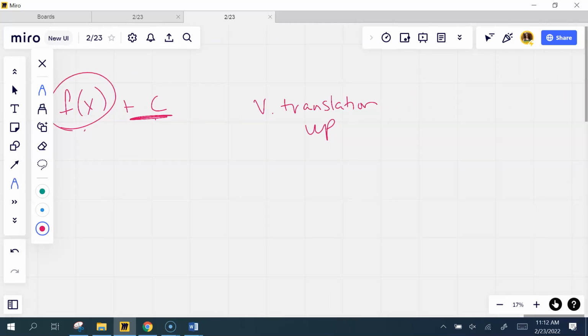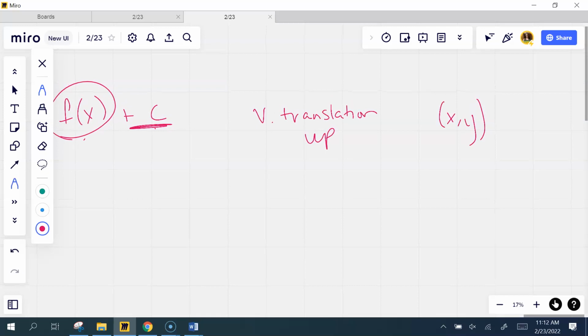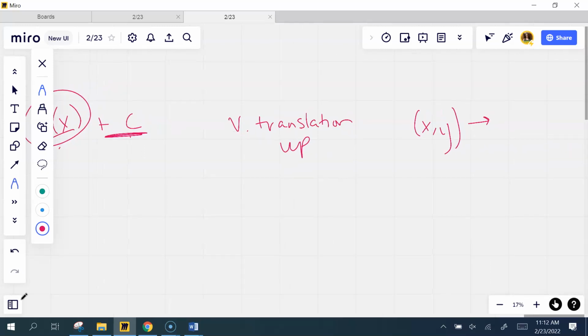And then there's this change column over on the right, and this is the one that'll be the most beneficial to you, especially in the dilations whenever we get there. So it tells you that xy, okay, so this would be on the parent graph or on the function graph that you're looking at. Xy becomes x y plus c.